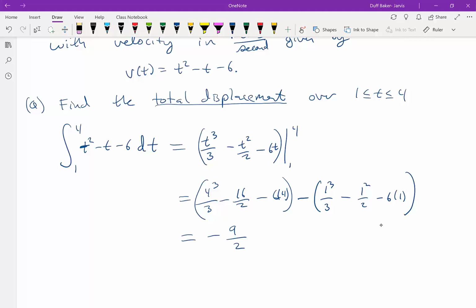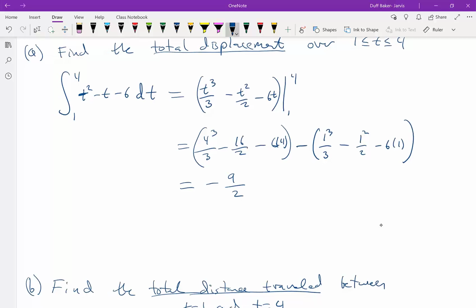So the negative sign would tell us that it ended up before where it started, right? In these situations, whoever asked the problem has a direction that they're calling positive. So this object, after 4 seconds, ended up before where it started by minus 9 halves.